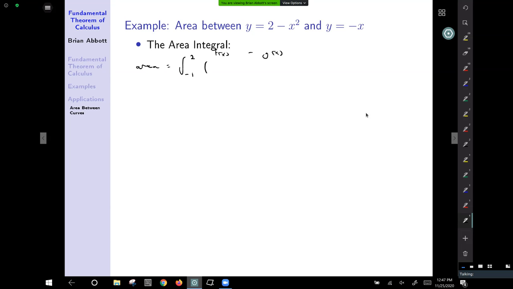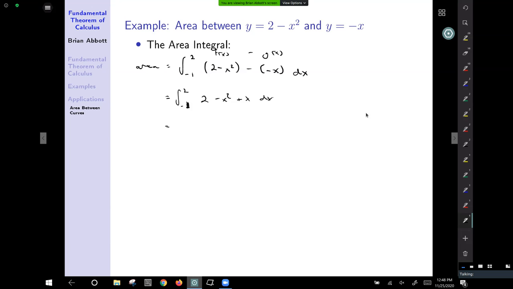So we take 2 minus x squared and subtract negative x. I like to use parentheses to put the functions in place and then worry about the algebra to tidy up. So we've got the integral from negative 1 to 2 of 2 minus x squared plus x dx.